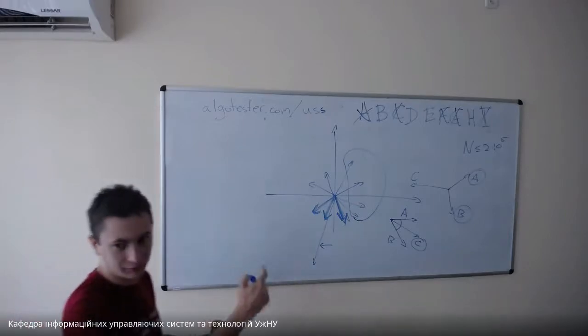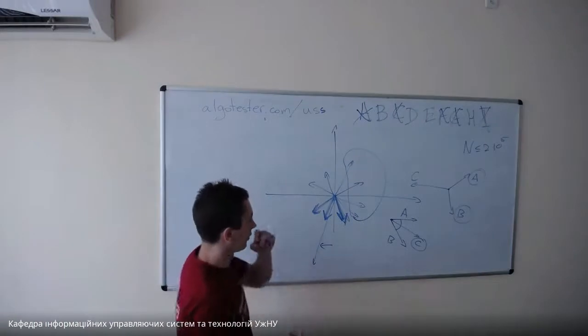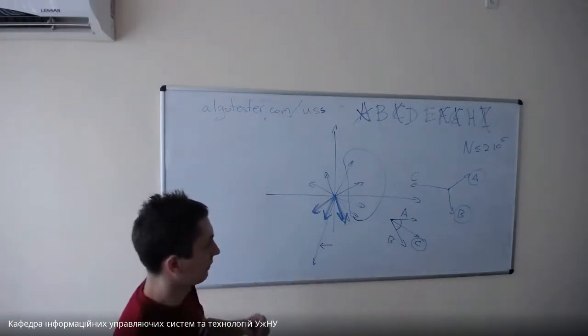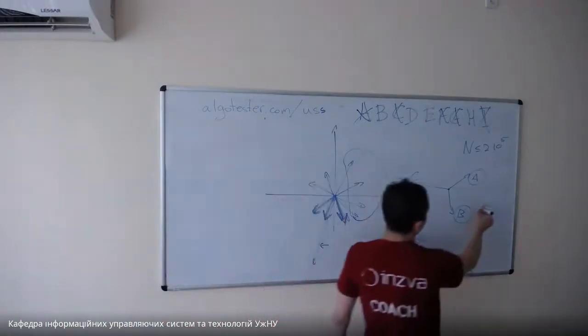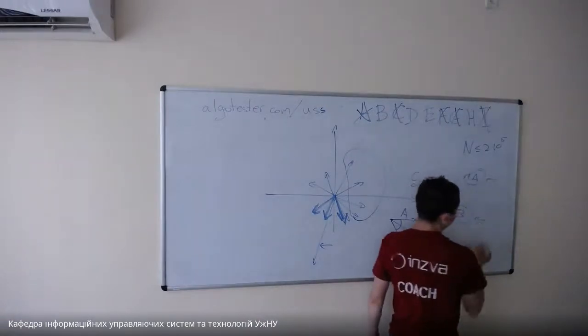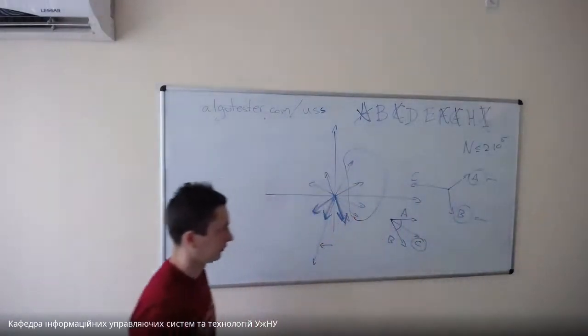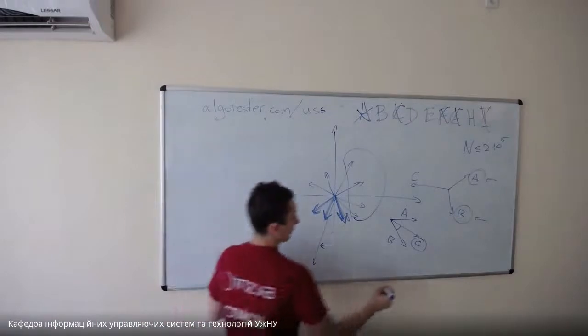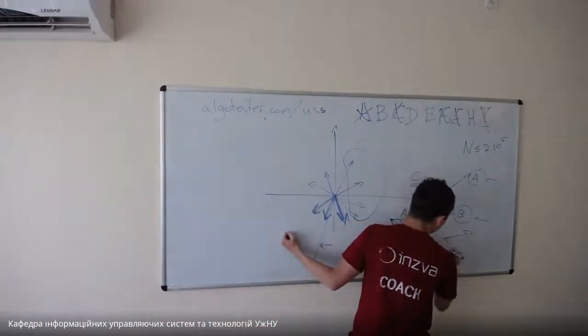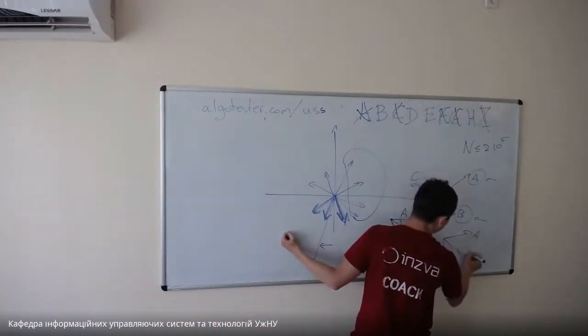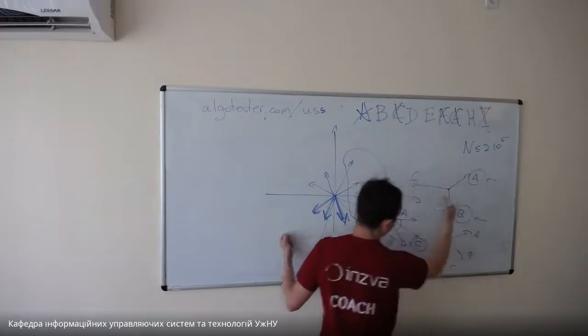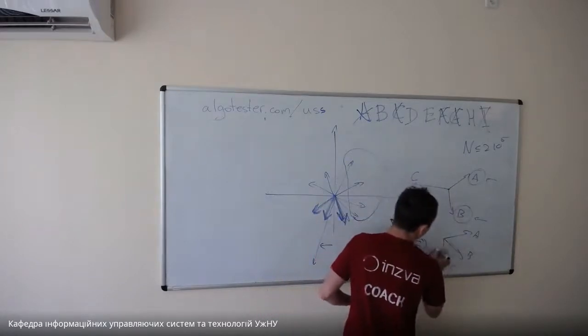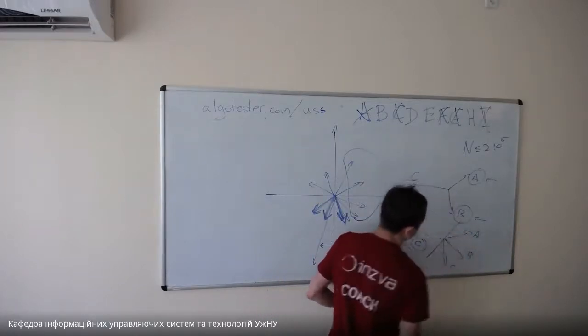Not the sum of A and B, but the sum vector of vectors that we take. So in this case, either A or B or both of them should not be taken to the answer. But in this case, this is A, B, and C, and this condition does not apply because all of them lie in the same half plane.